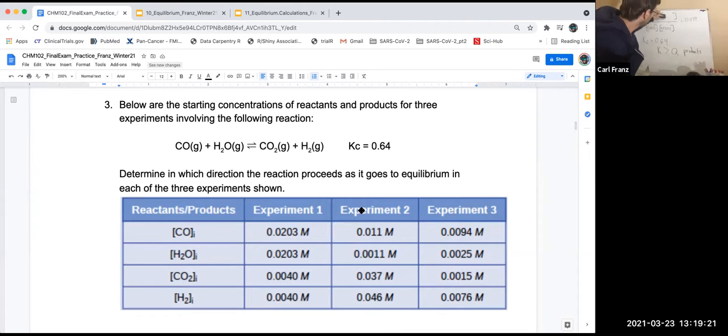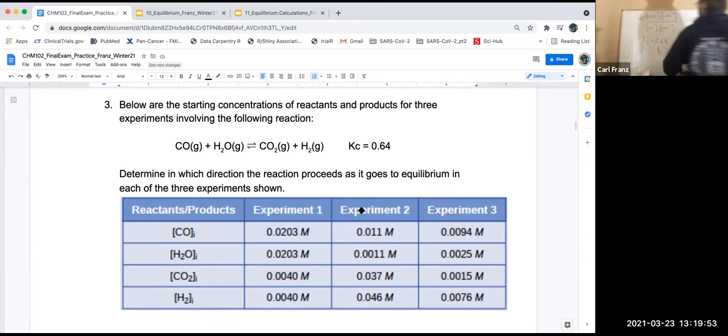So let's do experiment 2. Now we have 0.011, 0.0011, 0.037, and 0.046. Okay.